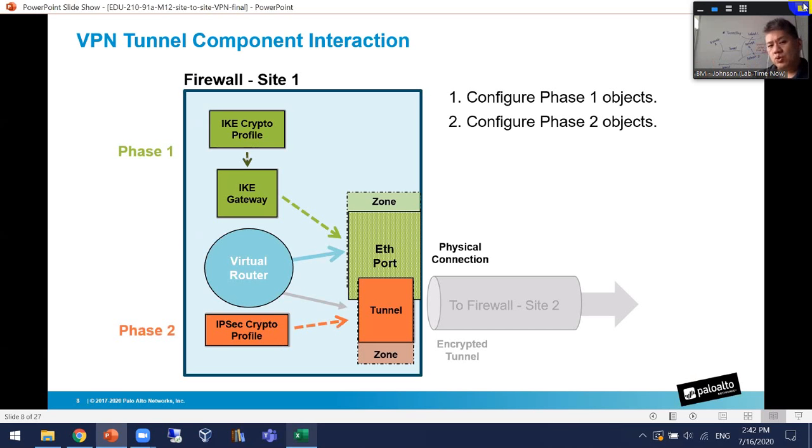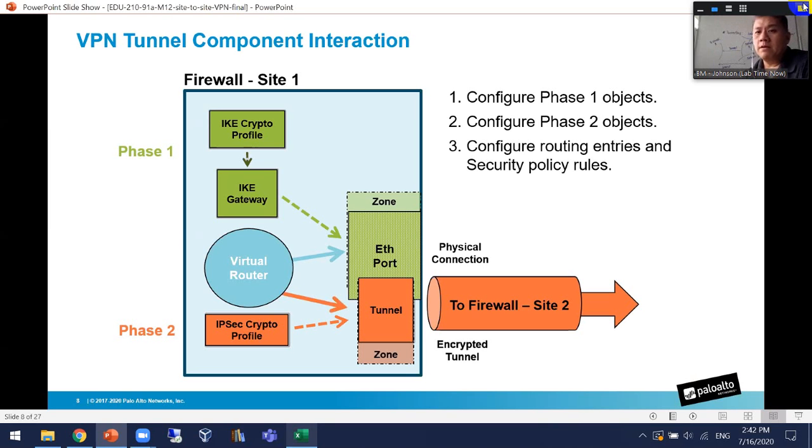Phase two, you're generating the tunnel. The tunnel will then need you to tell them the IPSec tunnel using what algorithm, what hashing, and what exchange. Okay. Then you need to create the rules. You need to put in a proxy ID. You need to be able to identify the traffic. Then after that you can write your security rules. Okay.